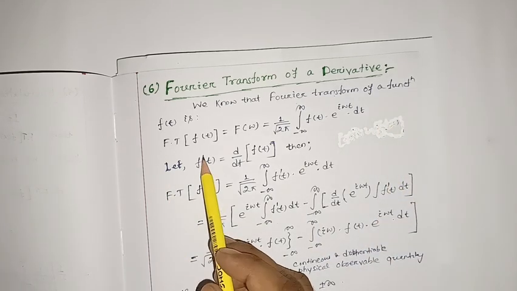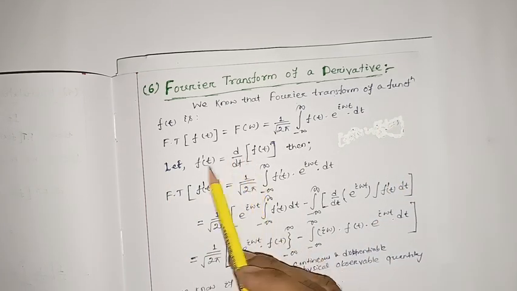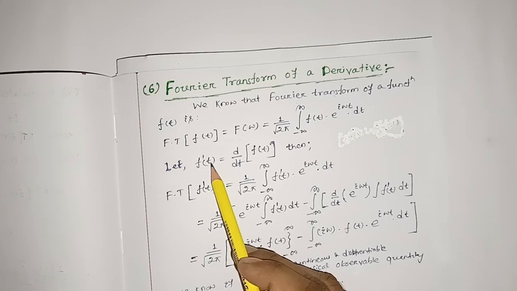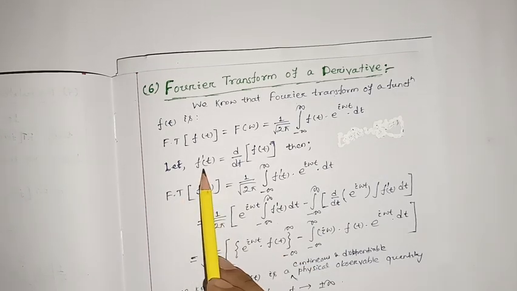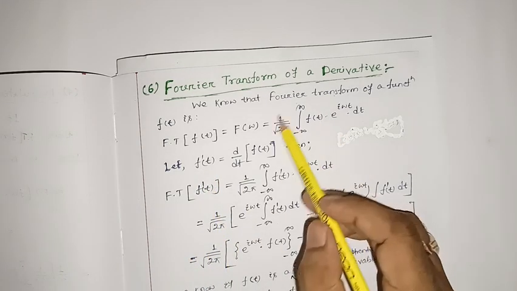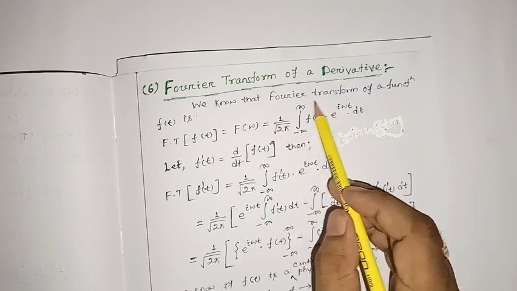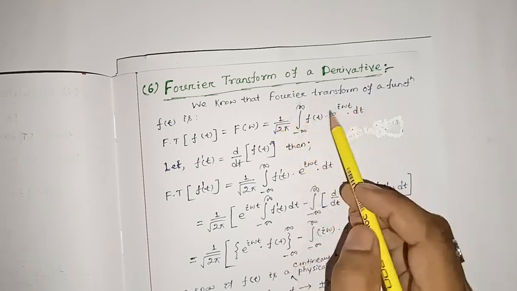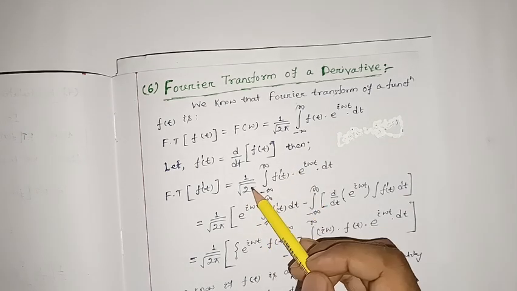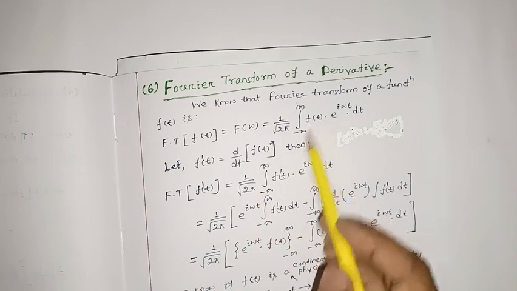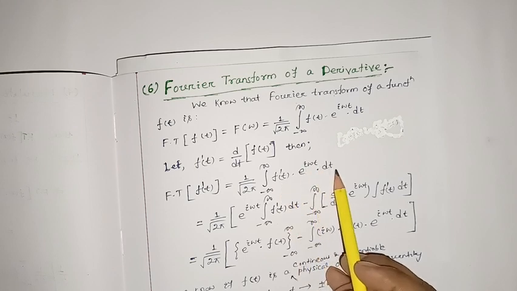Now consider f dash t, the first derivative of the function small f(t), and consider its Fourier transform. It can be written as 1 by root 2 pi integral, where instead of f(t) we write f dash t, e to the i omega t dt.